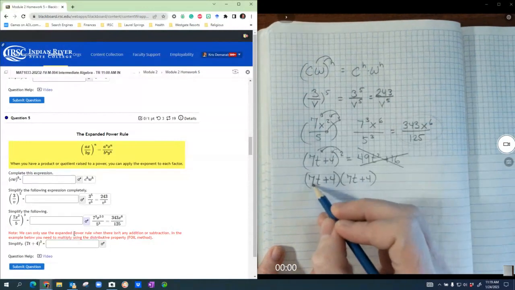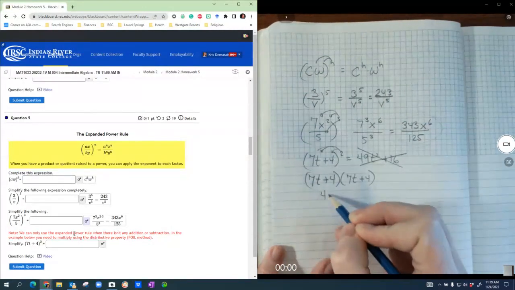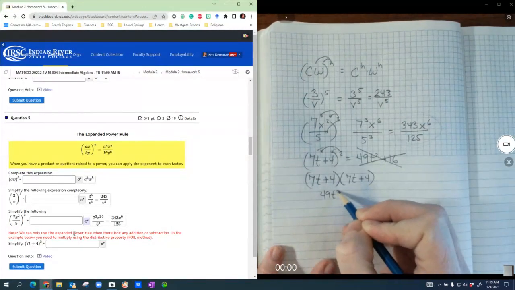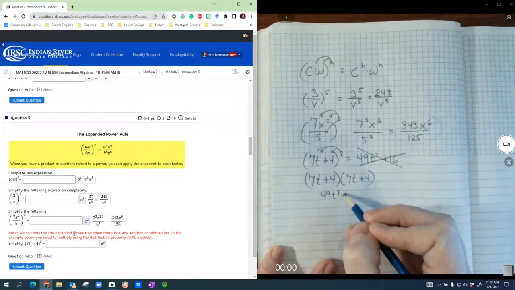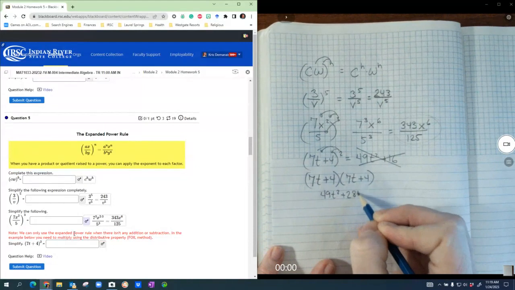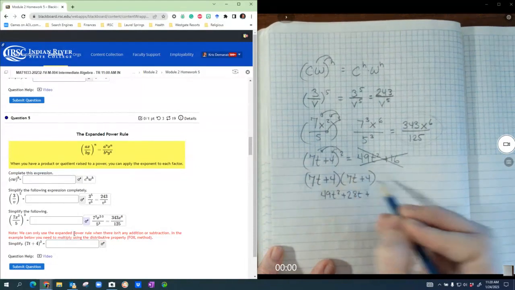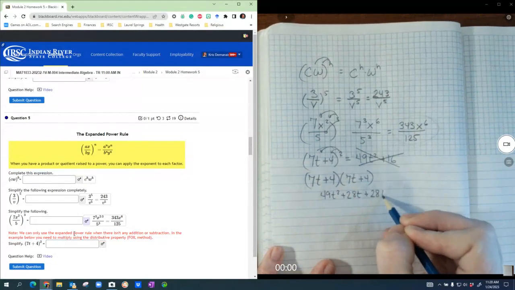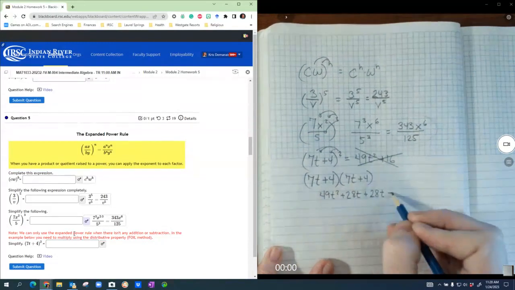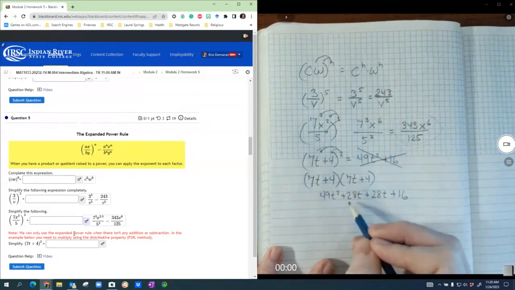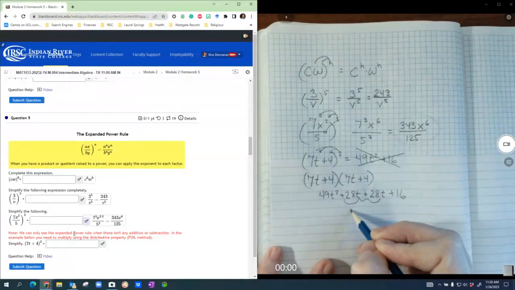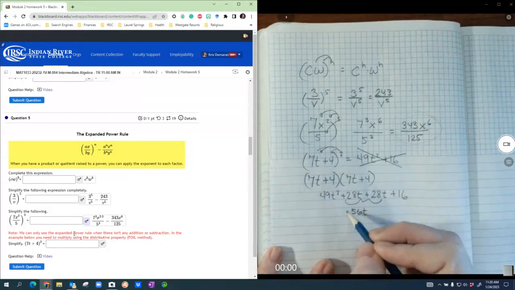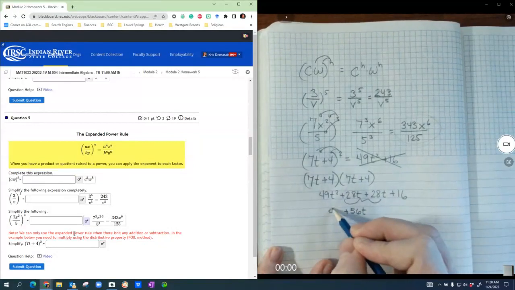Because if you look at this and multiply it together, you're going to get the 49t squared as you would have regularly, but then you have to multiply this times this, and then this times this, and then this times this. Then you get this added together to give you the 56t. And that's what we get right there.